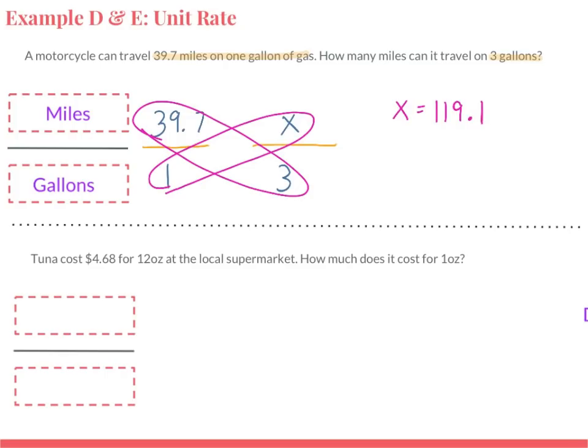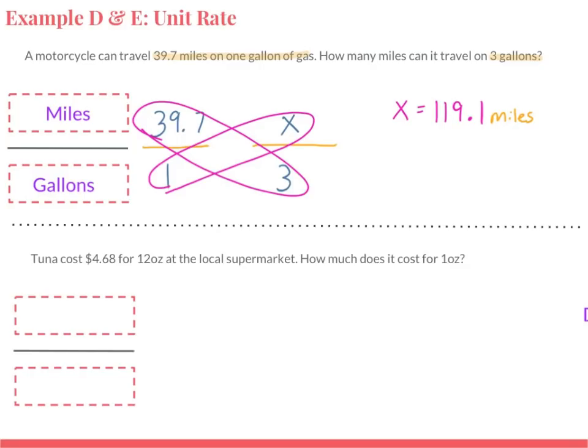Now, I would go about solving my equation, but I already have x isolated. I already know what x is, so I don't have to do anything else. I just need to tack on the answer to the end of my problem. Since we were talking about how many miles it can travel, 119.1 miles is how far this motorcycle can travel on 3 gallons of gas.